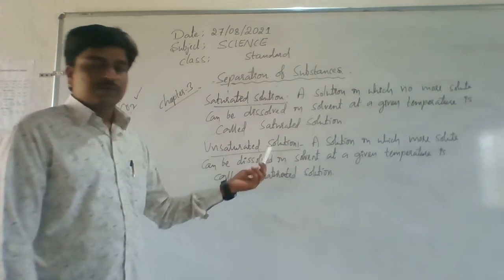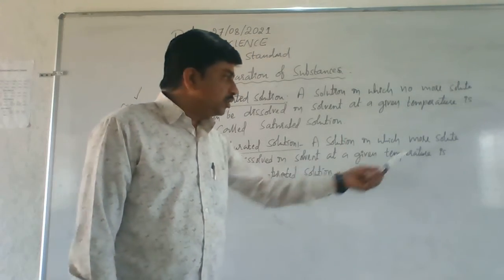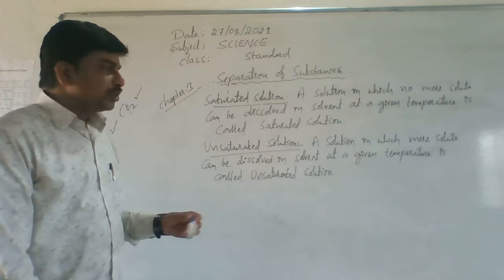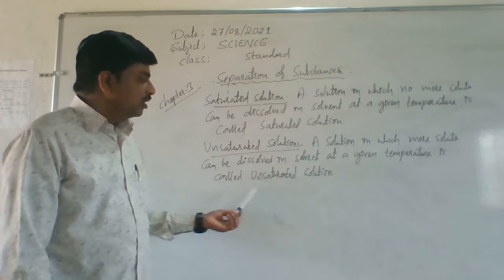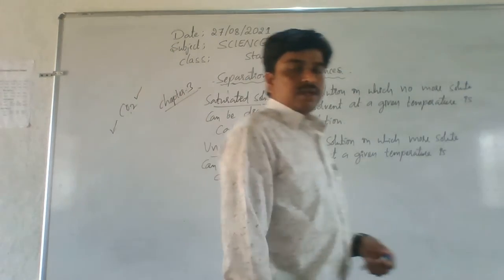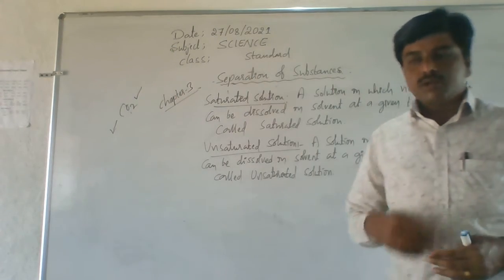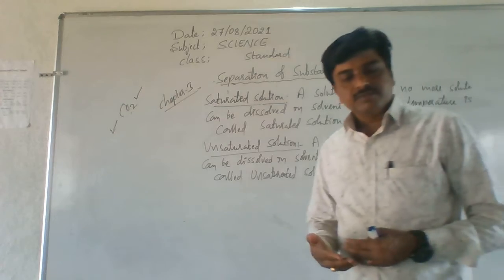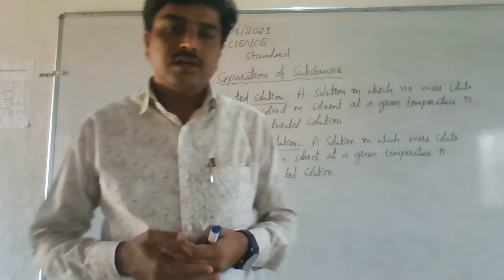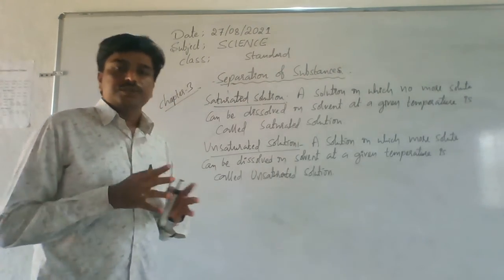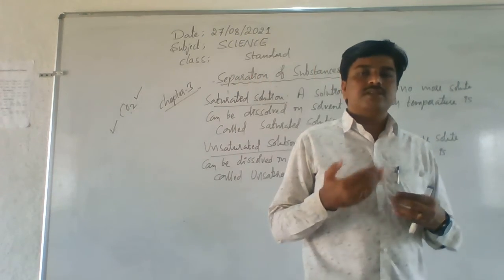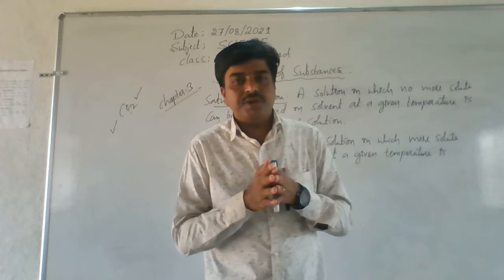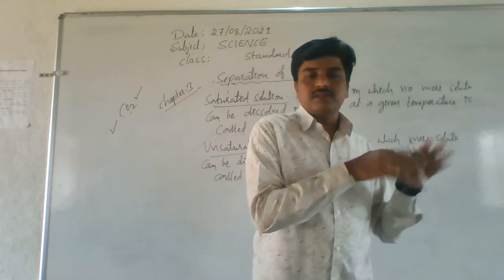Unsaturated means what, sir? An unsaturated solution is a solution in which more solute can be dissolved in a solvent at a given temperature. Understand? A solution in which more solute can be dissolved in that solvent, we call an unsaturated solution. If no more solute can be dissolved in that solvent, it is saturated because the solubility of that solvent is already over.